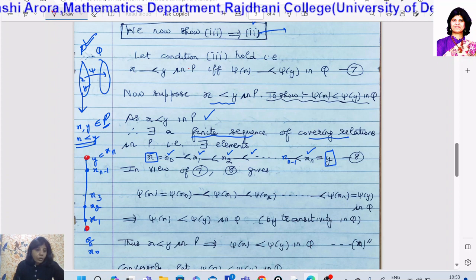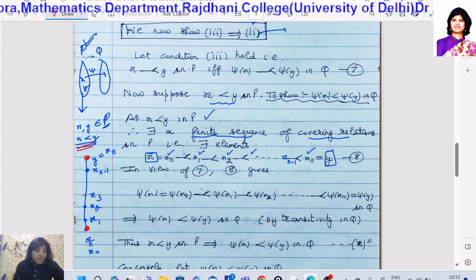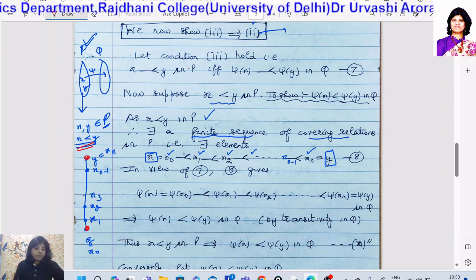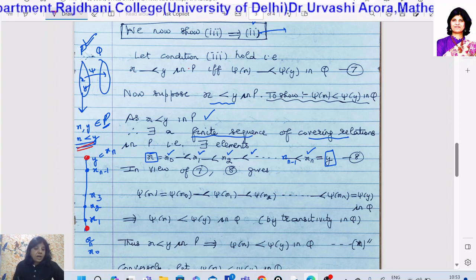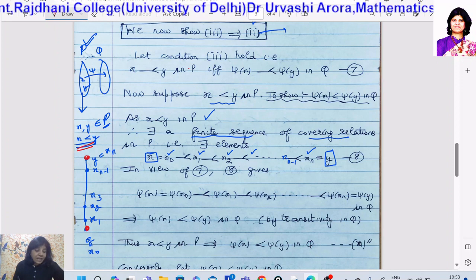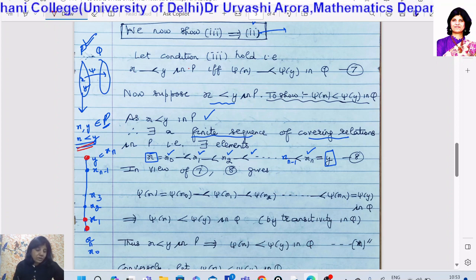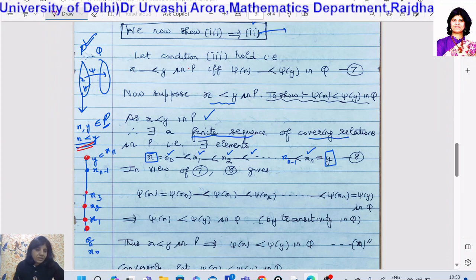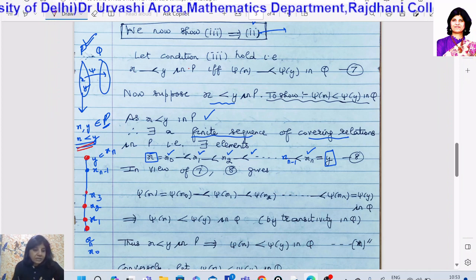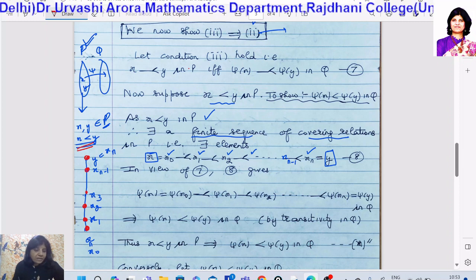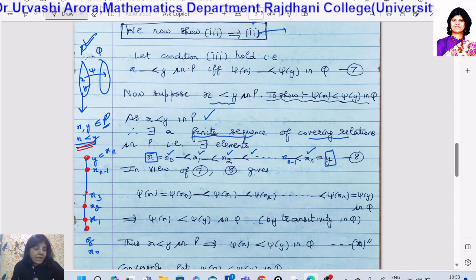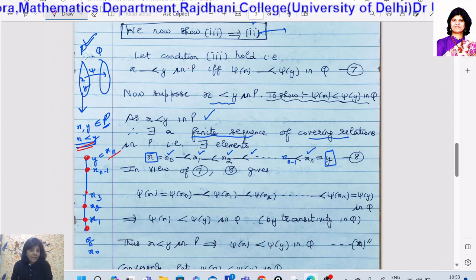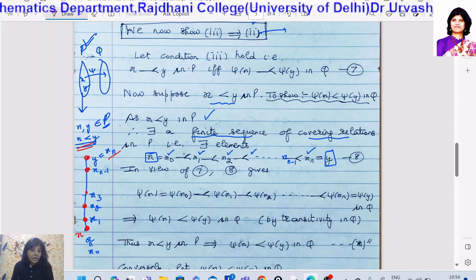The result says you can always find a finite sequence of covering relations between x and y, such that x is covered by some element x1, x1 is covered by some x2, x2 by some x3, and so on going like that. x_{n-1} will be covered by the element y. So y we are denoting by xn, and x by x naught.